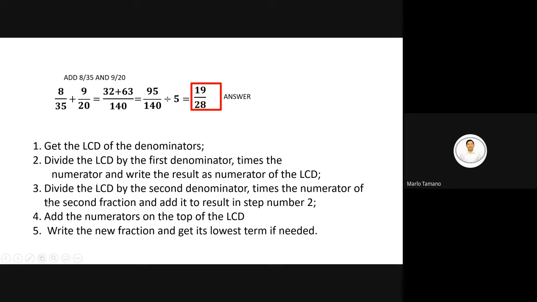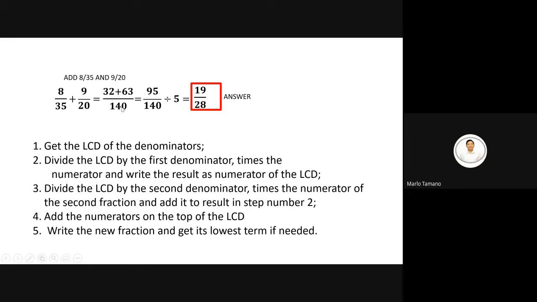Number 3. Sige, go. Divide the LCD by the second denominator times the numerator of the second fraction and add it to the result in step number 2. Ayan. So, divide the LCD ng second.